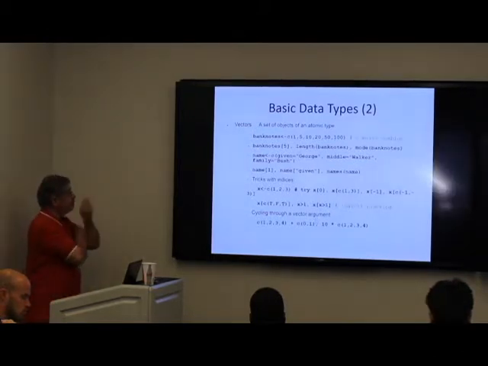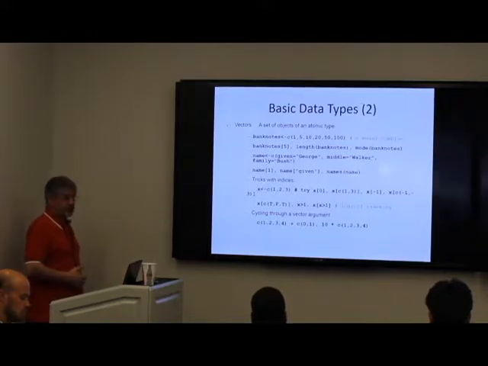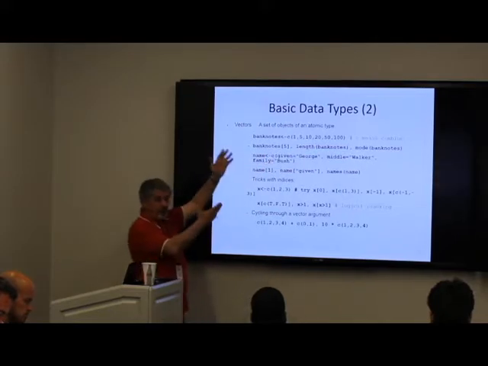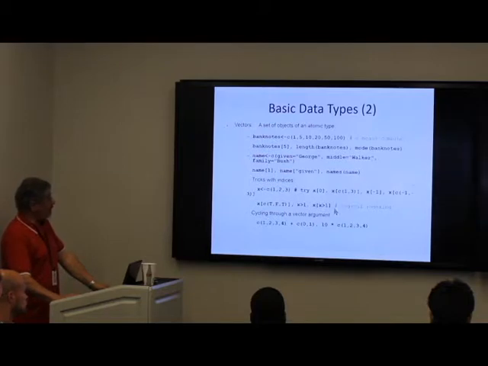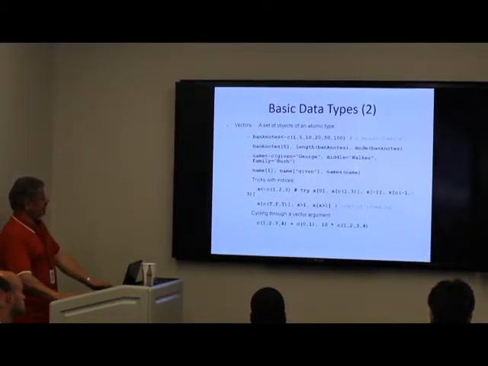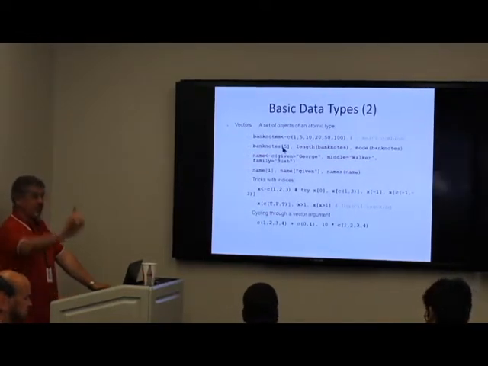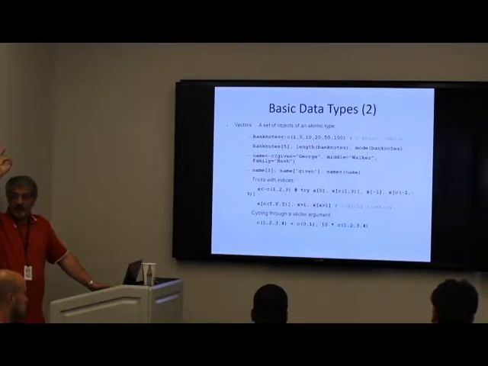Also, like we talked about vectors, for example, banknotes, c, we assign it 0, 1, 2, 3, etc., whatever we want, and that becomes the vector itself. And if I want to know cell number 5, let's remember something. In standard programming, the first index is 0. In R, it's 1.